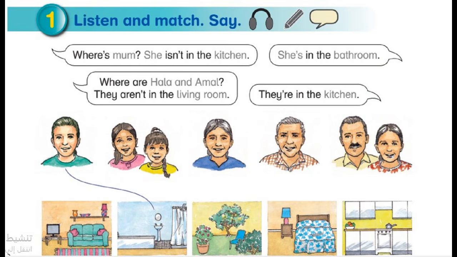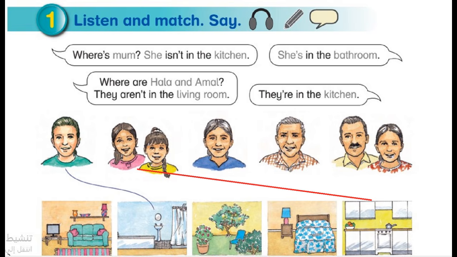Where's Dad? He isn't in the bathroom. He's in the bedroom. Where are Mum and Grandmother? They aren't in the garden. They're in the living room. Where's Mum? She isn't in the kitchen. She's in the bathroom. Where are Hala and Amal?